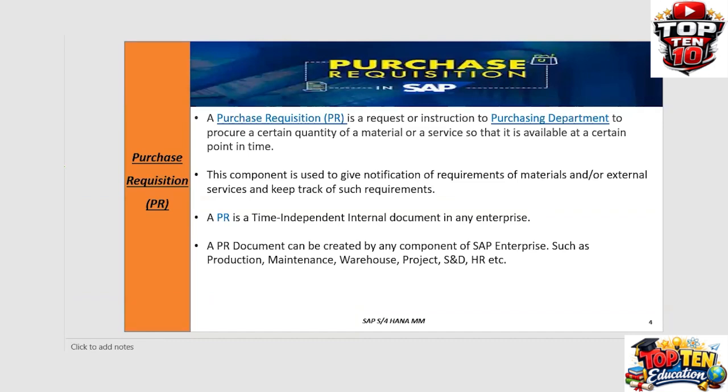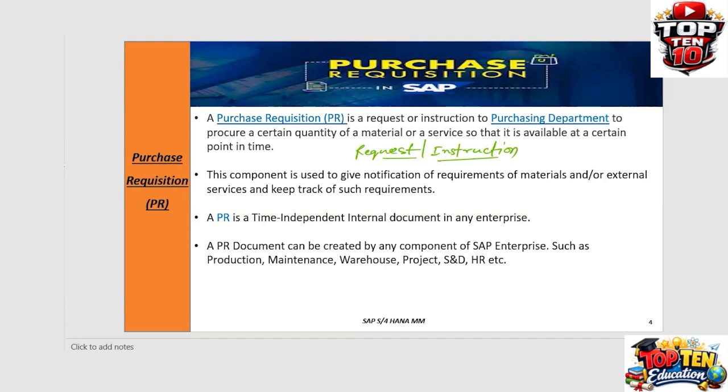So the first thing, it is a request or instruction. Because there are internal departments who are making that request or providing those instructions, that is why we call it an internal document.